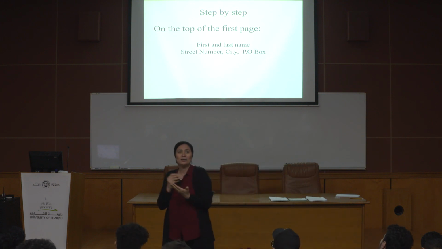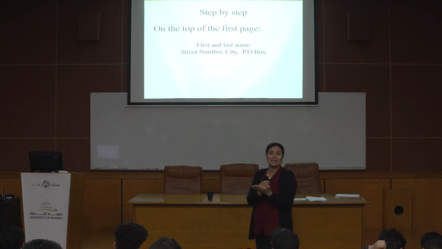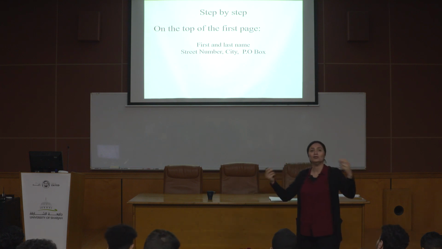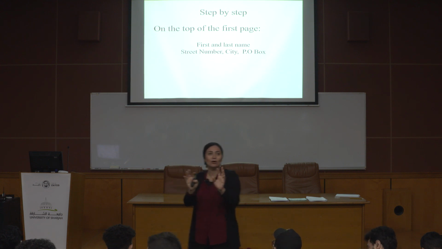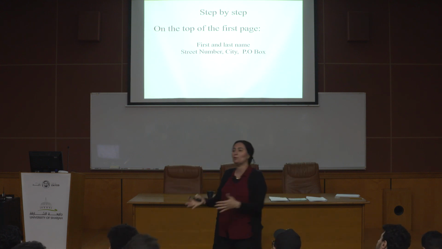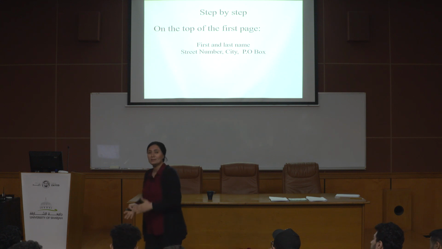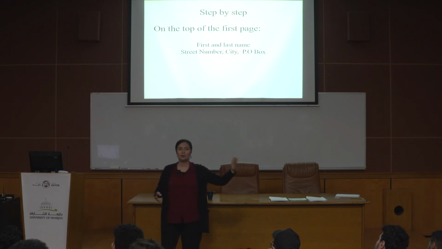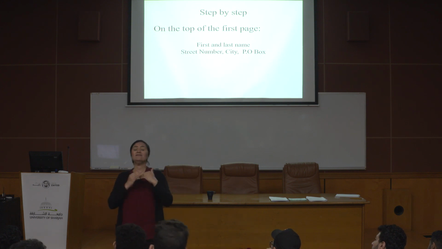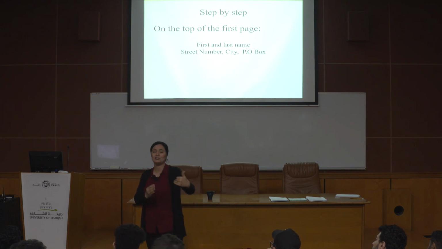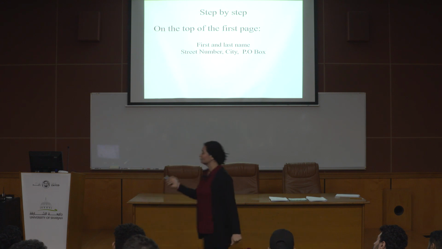No. When you give the street number and city, this is enough to let me know that you are living nearby. That's it. Or you are not far away. If the job opportunity is in Dubai, for example, and you're living in Abu Dhabi, it's not recommended to mention that you're living far away. You can even skip it. Just write, for example, Sharjah, PO Box, enough.